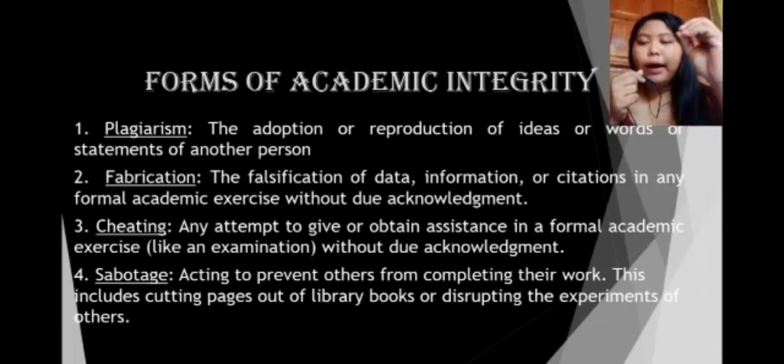So, academic dishonesty harms the learning experience and gives cheaters an unfair advantage over those who abide by the rules. We should avoid academic dishonesty because it can ruin our academic learning.